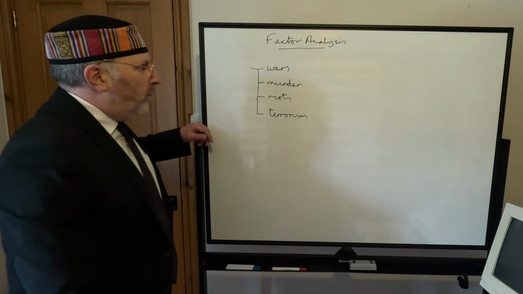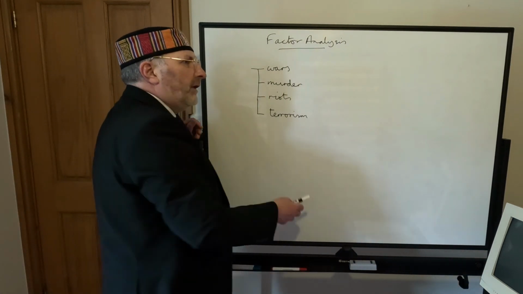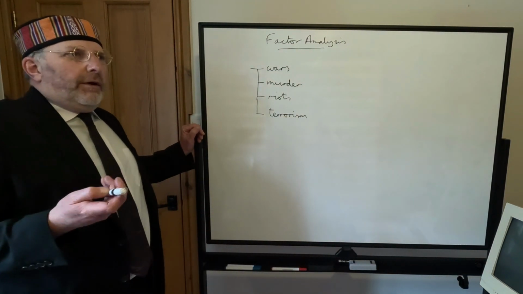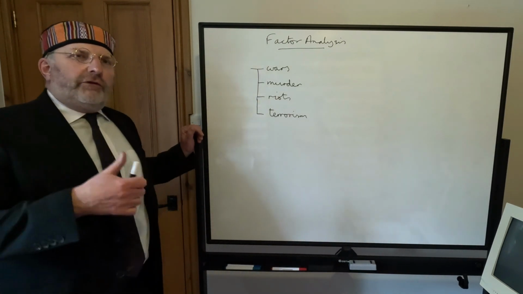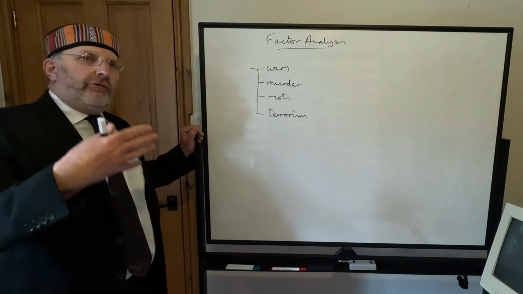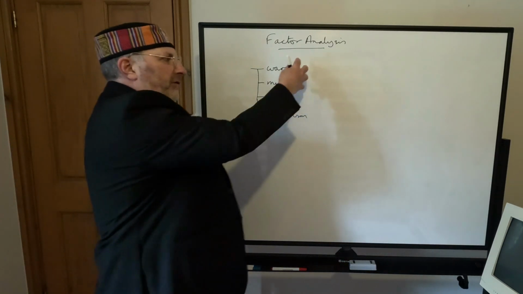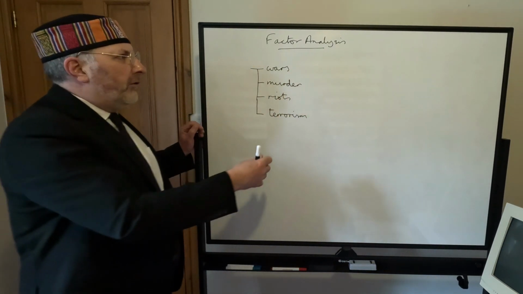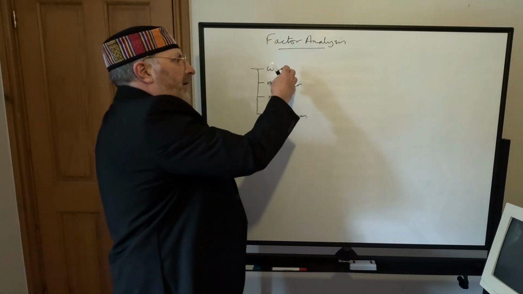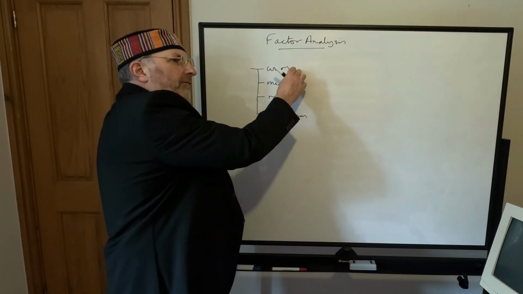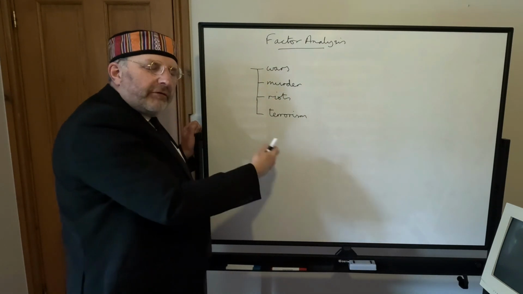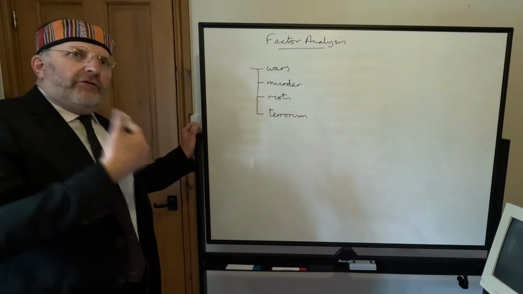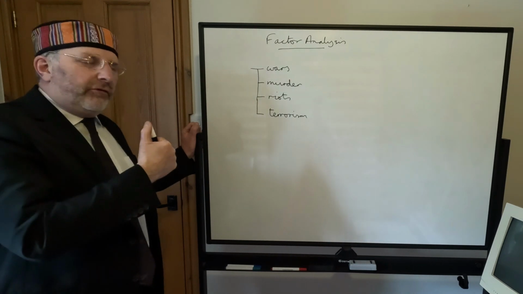And what we might suspect, and this might be our hypothesis that we're trying to prove, is that societies have a different cultural propensity for violence, and that it explains all these things. So that if the society is involved in a lot of war, then the murder rate will also be high, and the riots and terrorism will also be high, because this is a society that has a high propensity for violence.